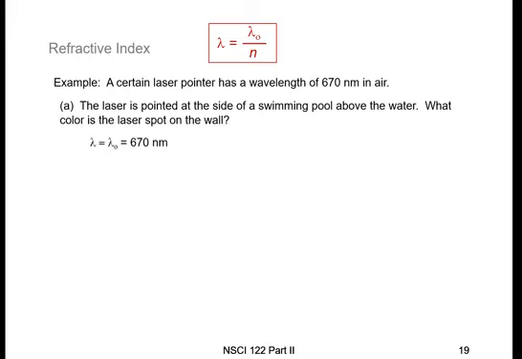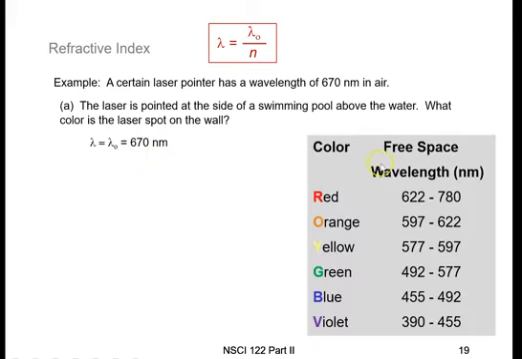Because we're taking the refractive index of air to be essentially 1, the wavelength in air is essentially the free space wavelength. So this 670 nanometers, we're going to say, is the free space wavelength. If we look at our spectrum, I just copied and pasted here the visible spectrum by free space wavelength. 670 nanometers puts us in the red portion of the spectrum. So this laser spot is going to appear red.